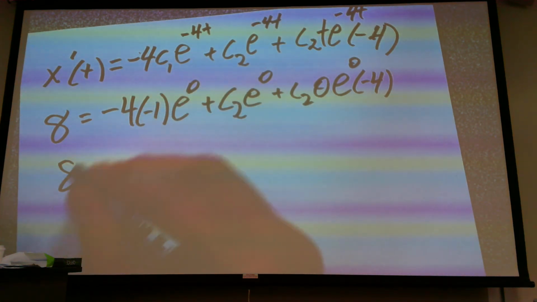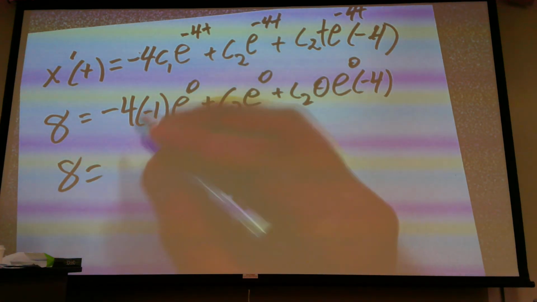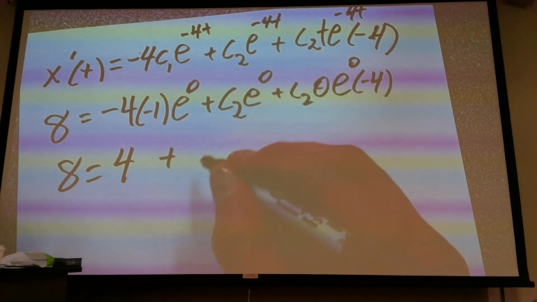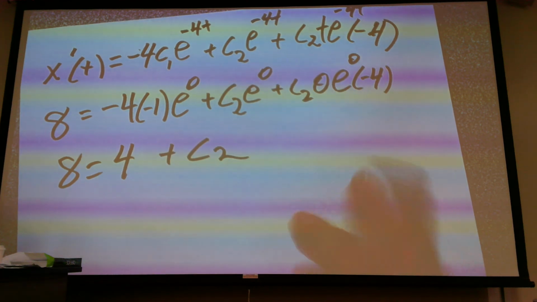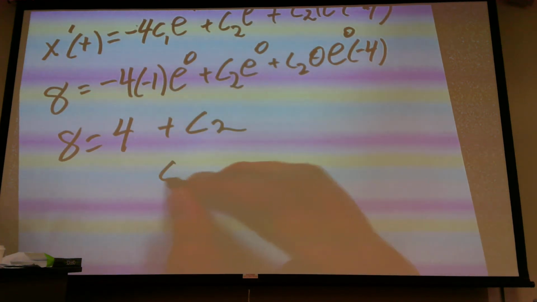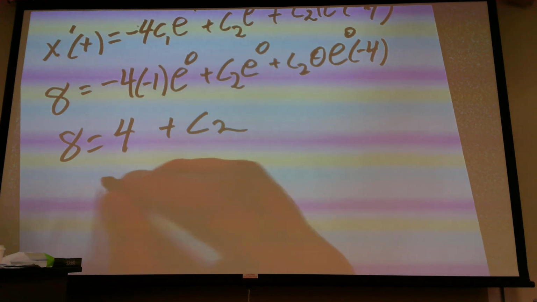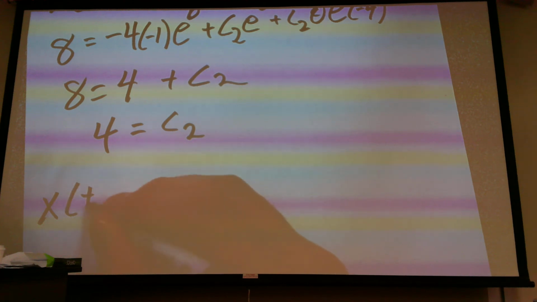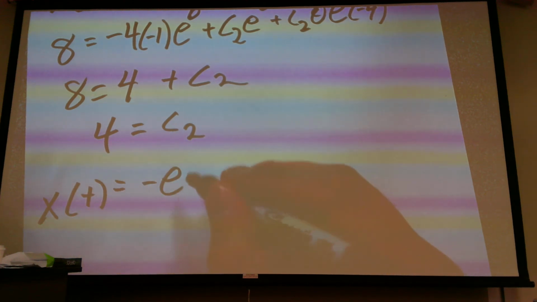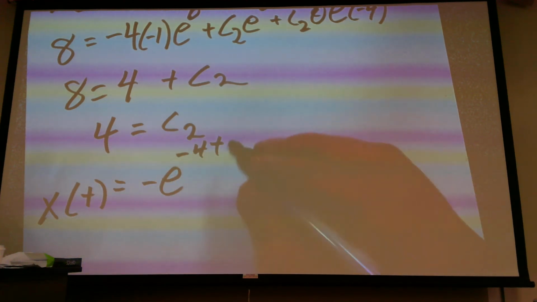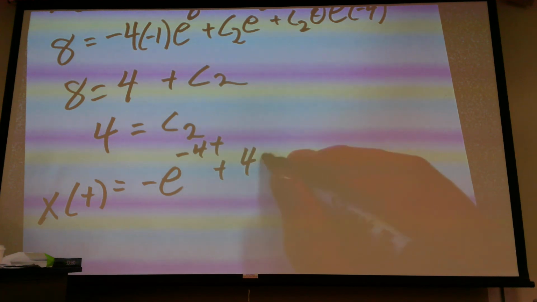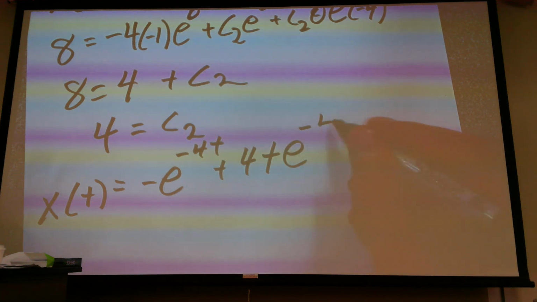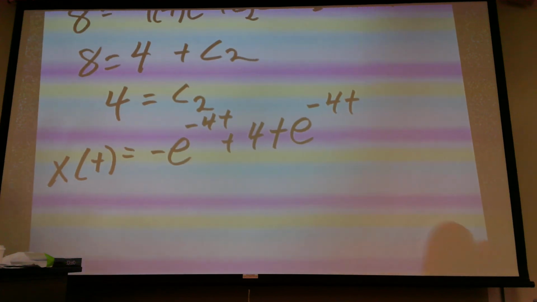So 8 equals -1 times -4, which is just +4, plus C2. So if I subtract 4 from both sides of the problem, I'm going to get that C2 equals 4. And that leads me to my answer after all of that: x of t equals negative e to the minus 4t plus 4t e to the minus 4t. And that's the answer to our problem.